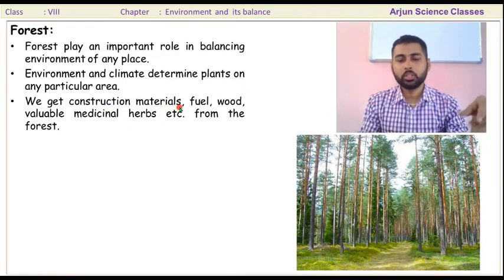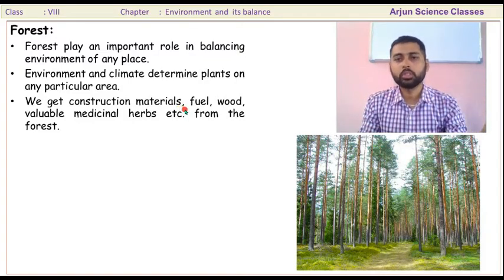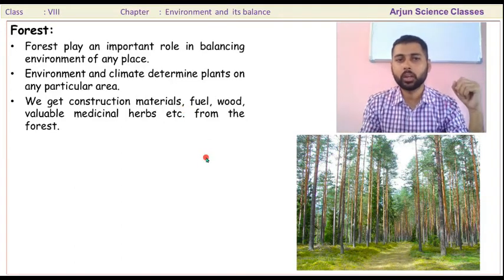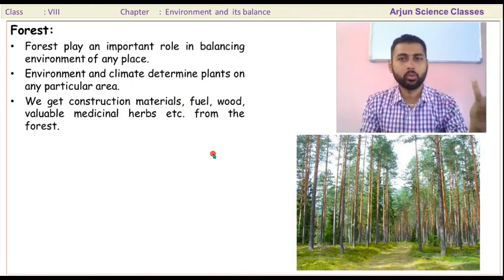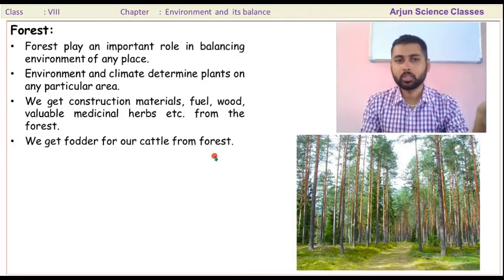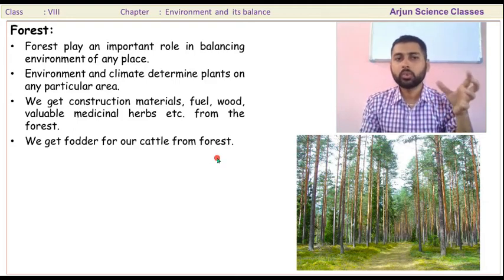Timber is used to make different construction materials: house, door, window, table, etc. It is also the main source of fuel. Firewood can be obtained from the forest. So human beings depend on the forest. We get fodder for our cattle from the forest.